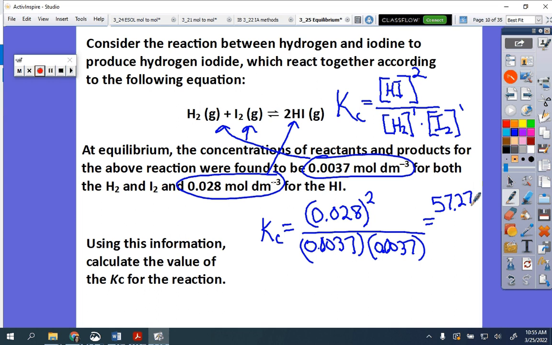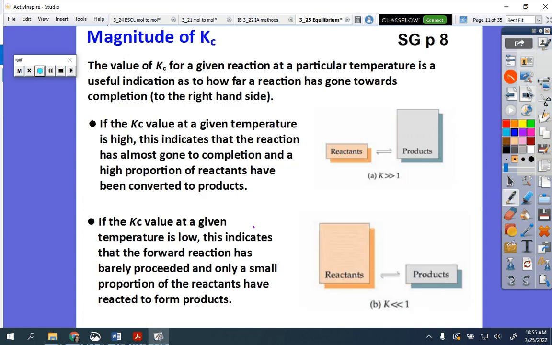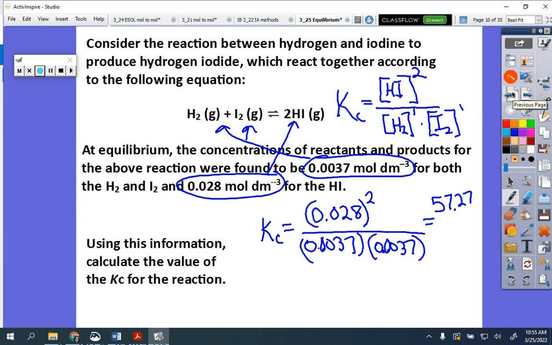So generally this kind of equilibrium constant isn't going to have units, okay? There's no unit to this. So why do we care about this constant? What does it tell us? Well, again, it's going to be dependent on the conditions.